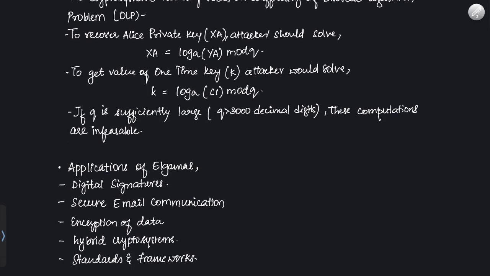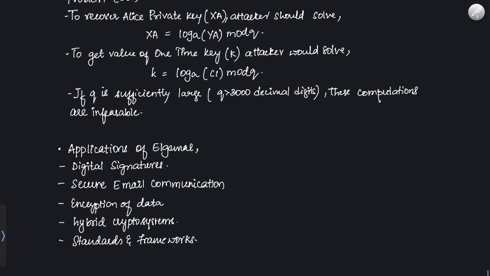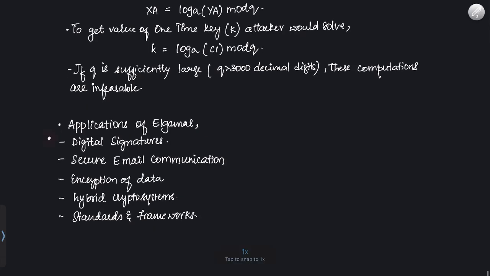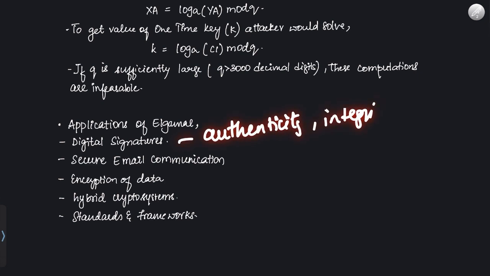Next, we have the applications of the ElGamal cryptosystem. The first one is digital signature. The ElGamal digital signature scheme is a variant of the cryptosystem, used to verify the authenticity and integrity of messages.